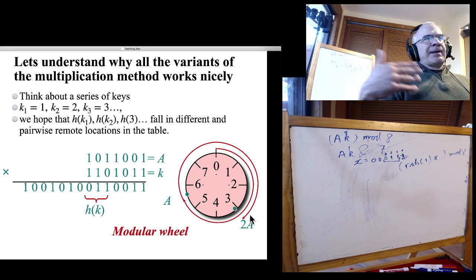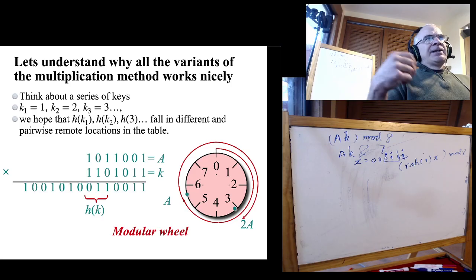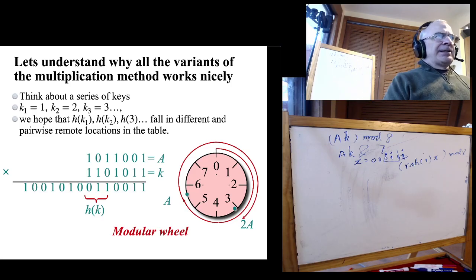It takes me, after the modulo 8 of course, to some different and seemingly unrelated place in the table, especially if A and M are relatively prime to each other. That is, A is 7 and M especially is prime.